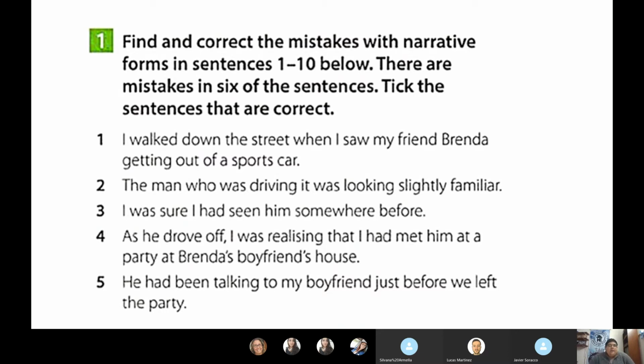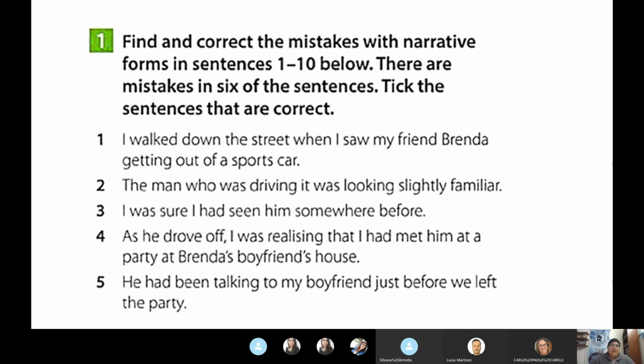I walked down the street when I saw my friend Brenda getting out of a sports car. I had been walking. Yes, I had been walking down the street when I saw my friend Brenda getting out of a sports car. Can you repeat, please? And now I'm thinking, I had been walking. That is what Silvana says.